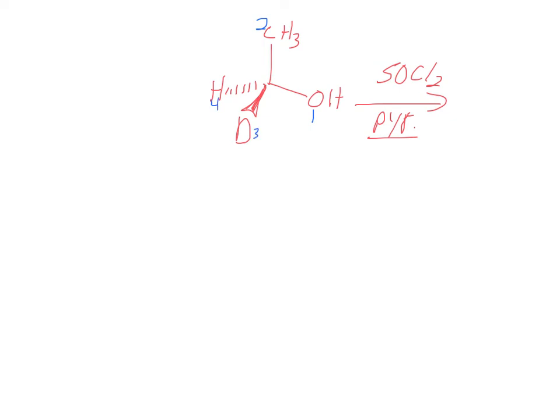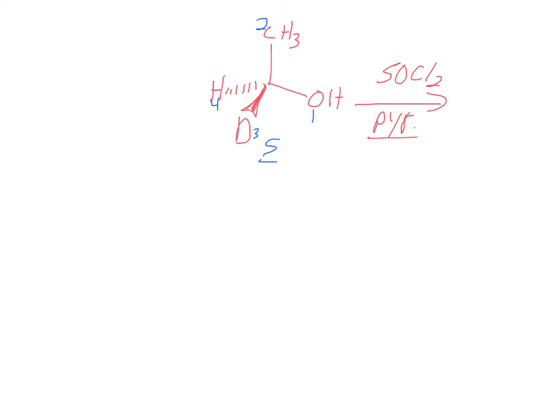1, 2, 3, that would be what? S. That means the first product of an SO at the activation should be what? R. What's the product of this activation? What do I actually make? Does the chlorine end up on the molecule? Yes, it does. With SOCl2, it does.